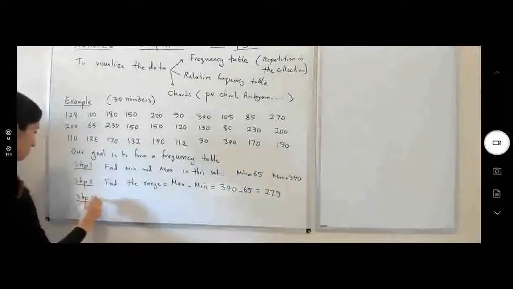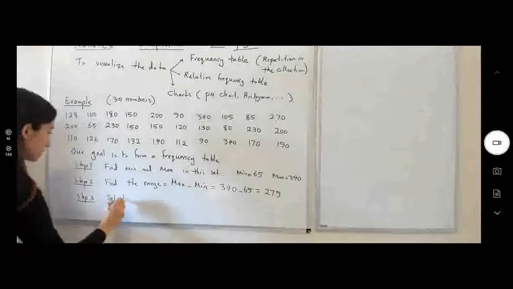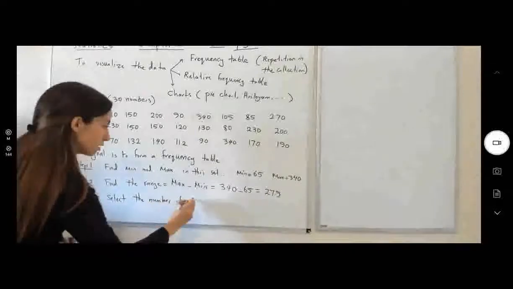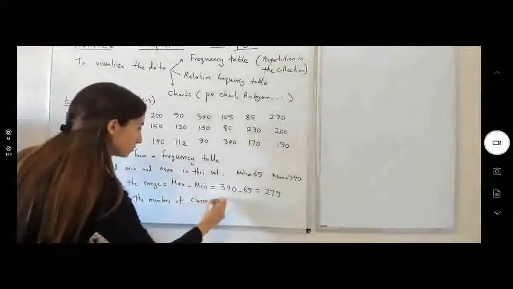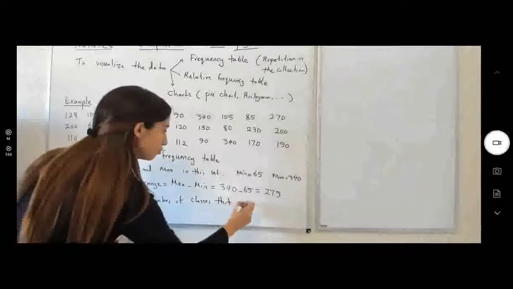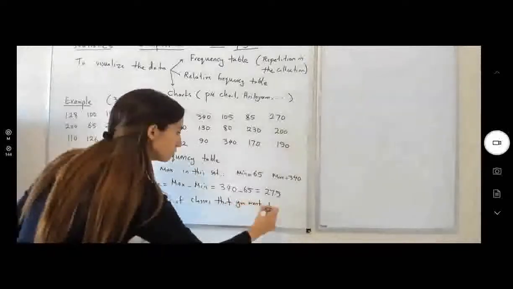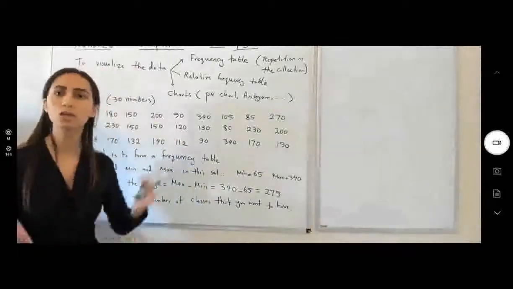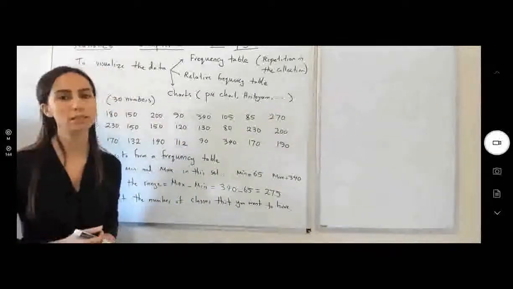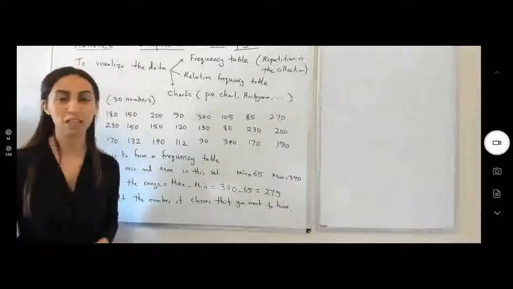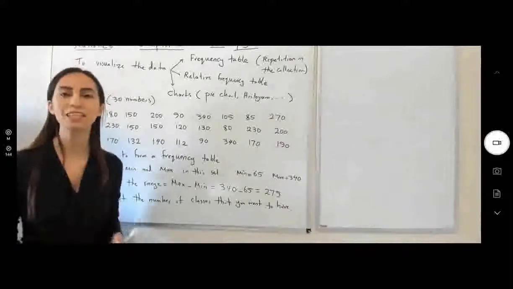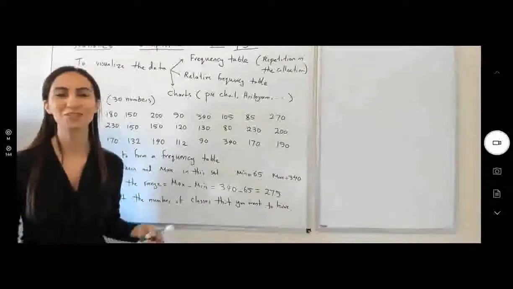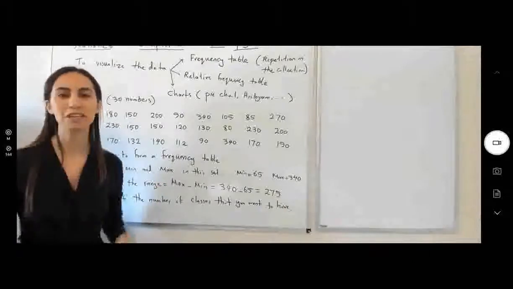Step 3, select the number of classes that you want to have. So if the question says, suppose you have 7 classes, you start by 7. If the question doesn't give you any specific number, it's your job to just select or pick a class number.